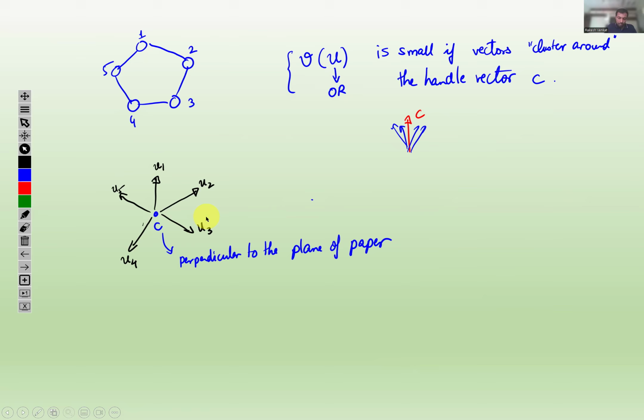They're all of equal length and they are the vertices of a regular pentagon on the plane of the drawing. Now what do I do? Well, first I see what are the orthogonality constraints I want. I want U1 to be orthogonal to U3, and the others are all symmetric: U1, U4, U2, U5, U2, U4. These are the orthogonality constraints I want. Now, what is the angle between U1 and U3 in this picture?